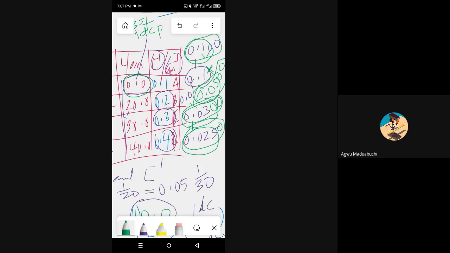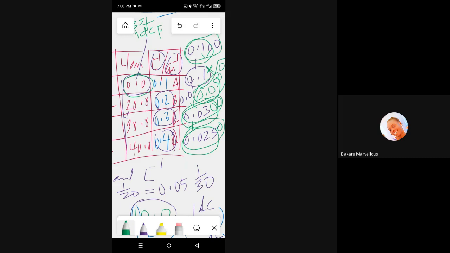So for 2 SF, what's L inverse? For 10.0, what's the L inverse in 2 SF? 0.10. For 20.0, 0.050. For 30.0, 0.030.